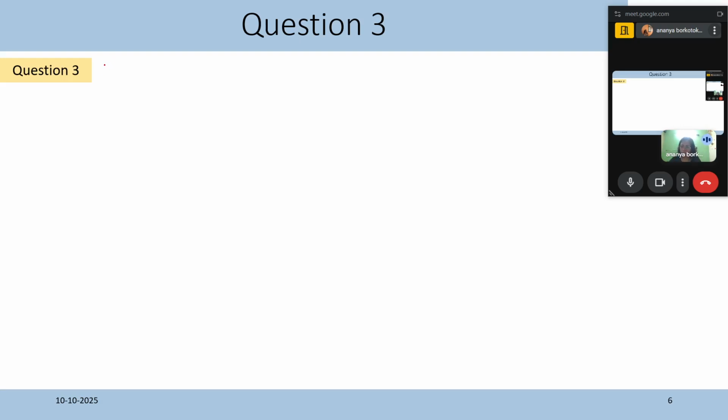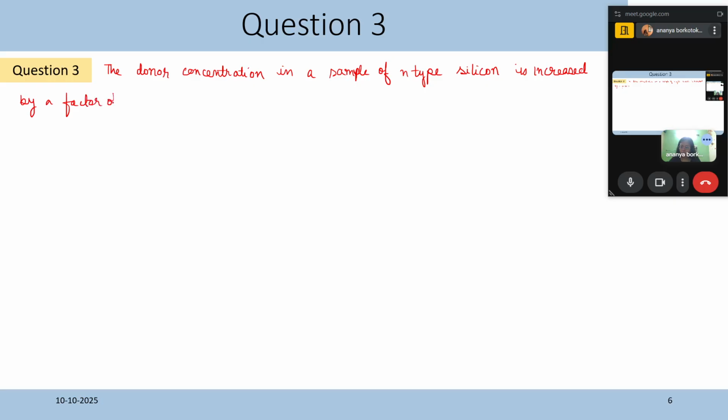So the question is, the donor concentration in a sample of N-type silicon is increased by a factor of 100.